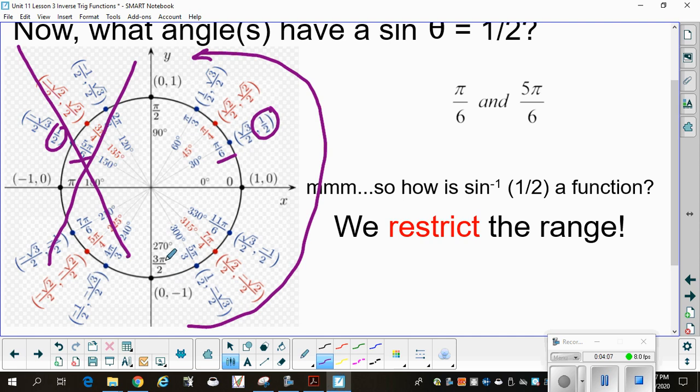But instead of going to 3 pi over 2, we're going to make this negative pi over 2. We're going to go from negative pi over 2 to pi over 2. And this is the range that will be restricted.